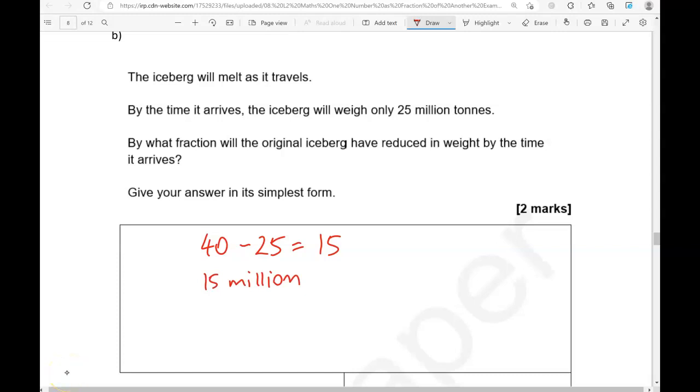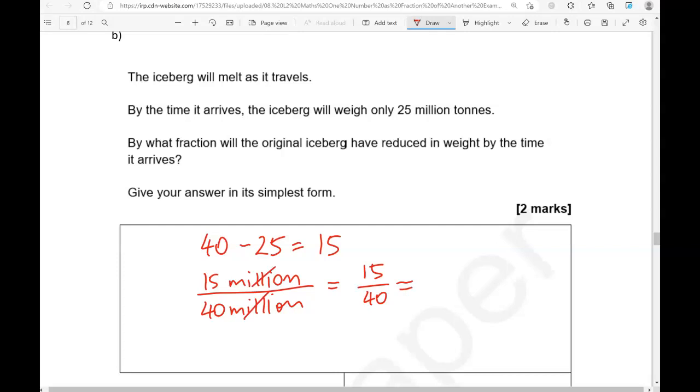So a reduction by 15 million out of 40 million. So this is the same as saying 15 out of 40. We're dividing both numbers by a million.